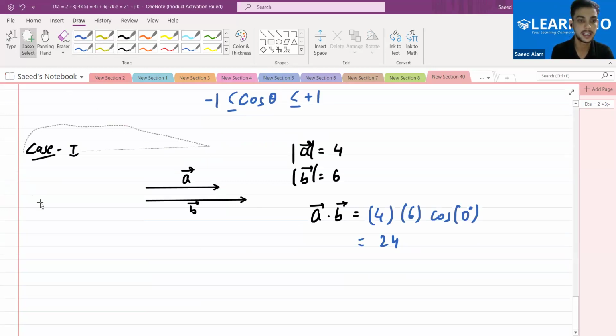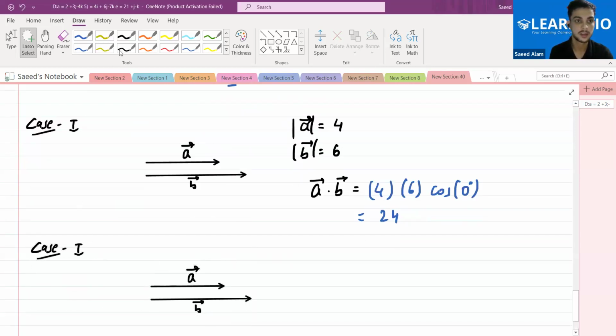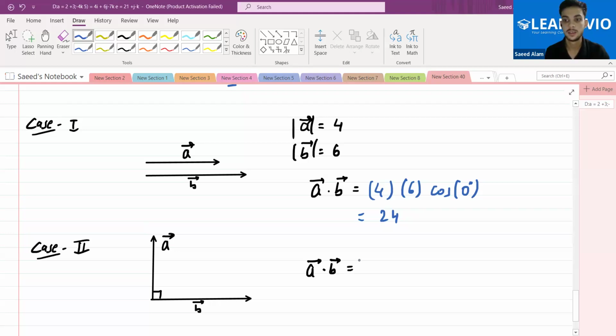Now the second case, case number 2. This time I placed B in this way, making an angle of 90 degree with A. Now tell me what A dot B will be equal to. 0.